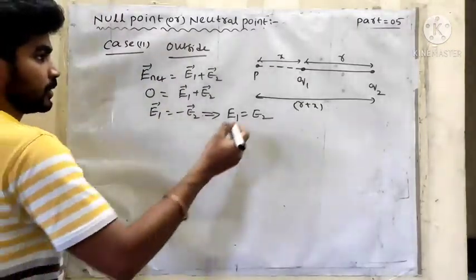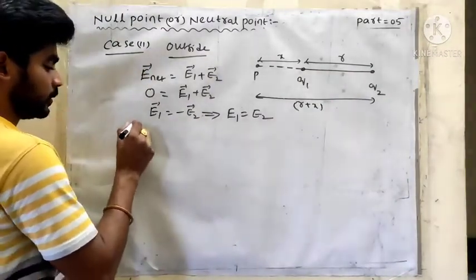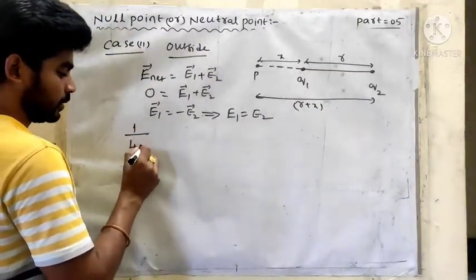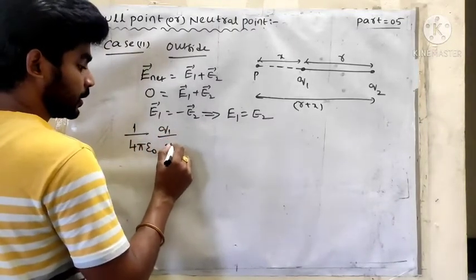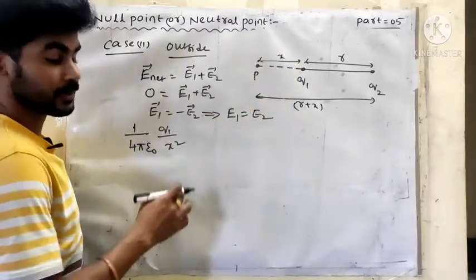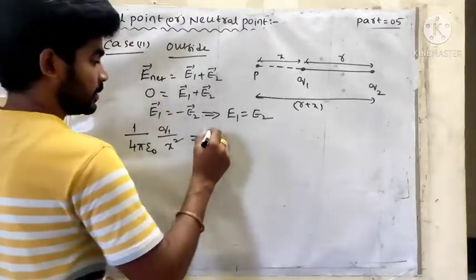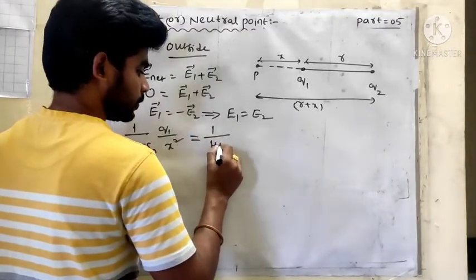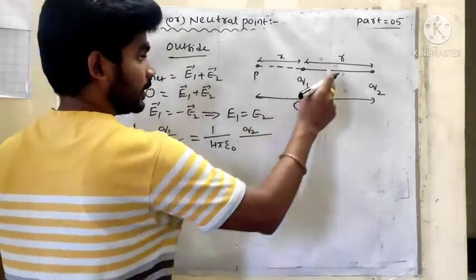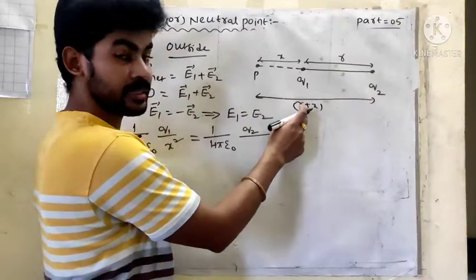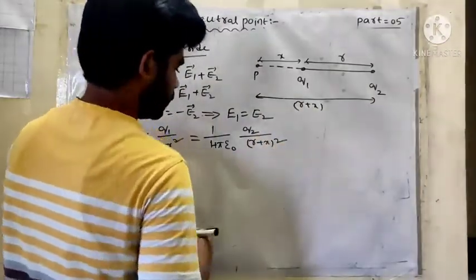So first we calculate E1 and E2. E1 is 1 by 4 pi epsilon naught, q1 by the distance squared, which is x square, equal on this side to 1 by 4 pi epsilon naught, q2 by the distance from q2 to the point, which is r plus x whole square.